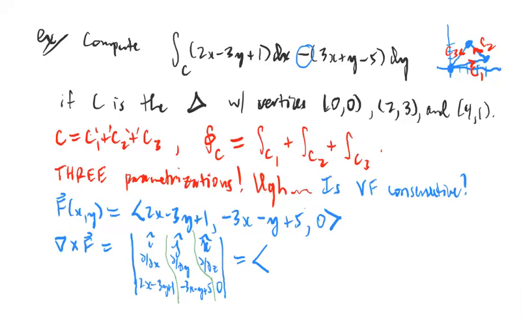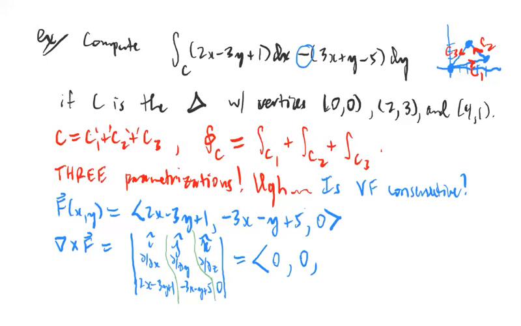You cross out the first row and first column and take the partial with respect to y of 0 minus the partial with respect to z of that junk, and you get 0. Then for the second column you do things backwards: the partial with respect to z of 2x minus 3y plus 1, which is 0, minus the partial with respect to x of 0, which is 0.